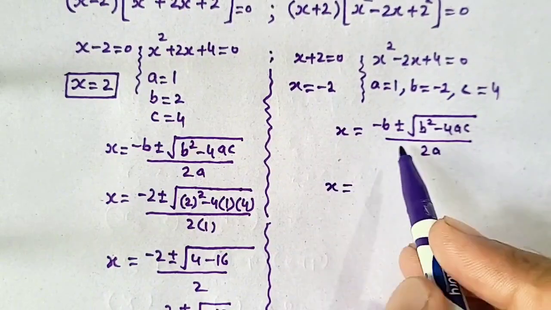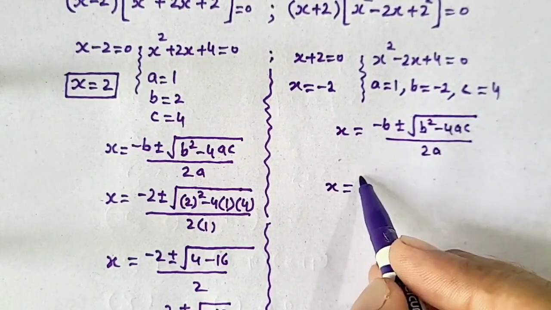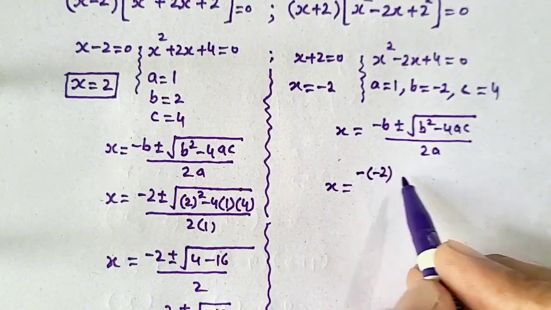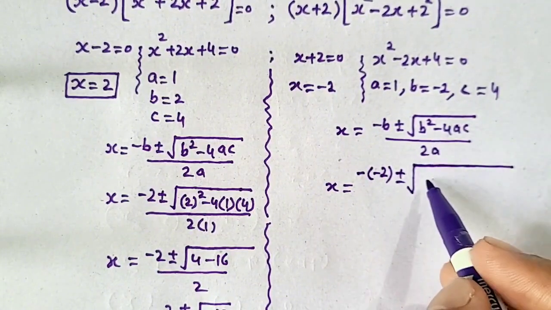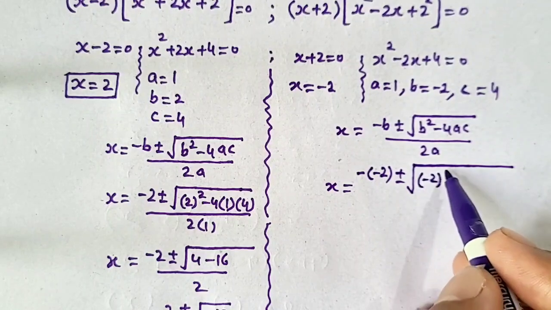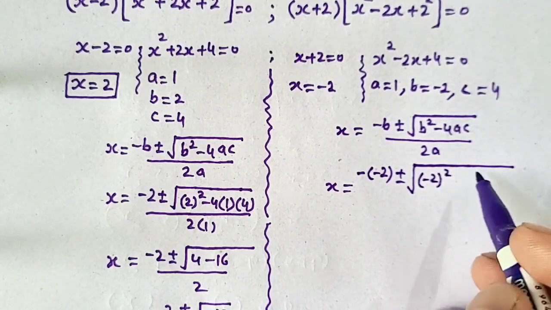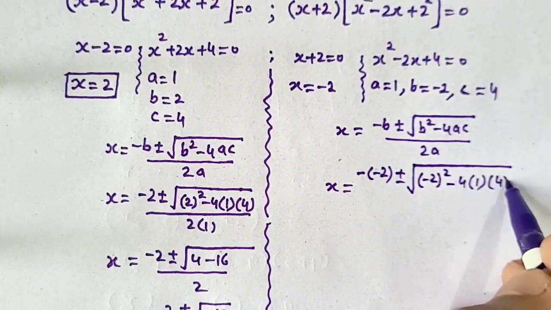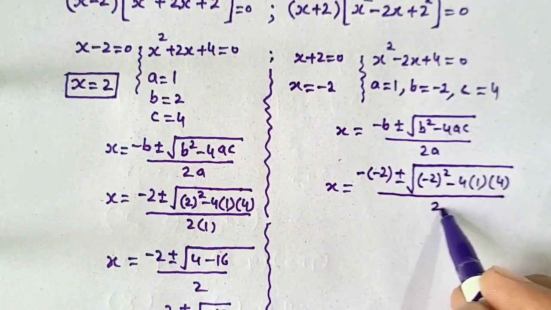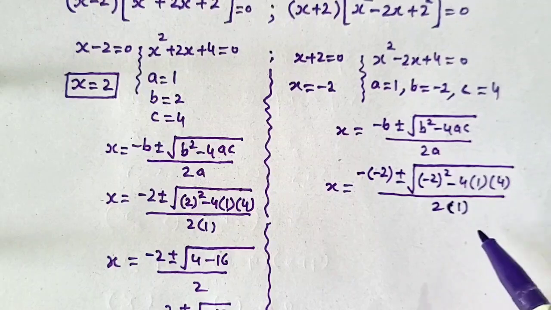So x will be equal to minus (minus 2) plus minus square root of (minus 2) squared minus 4ac, divided by 2 times 1.